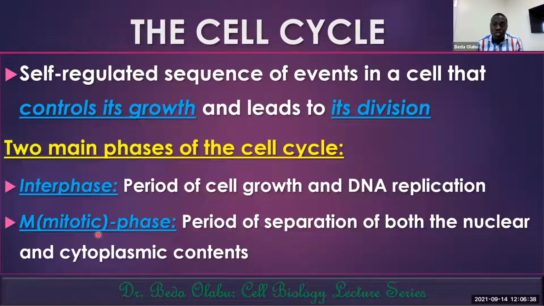There is division of the nucleus, as well as division of the cytoplasmic contents. So the nucleus will divide, aimed at going to two daughter cells, and then the cytoplasm also divides around the nuclei that are going apart, and that is what happens during the mitotic phase.